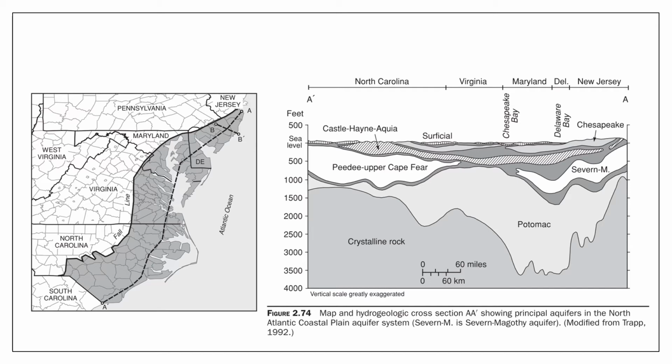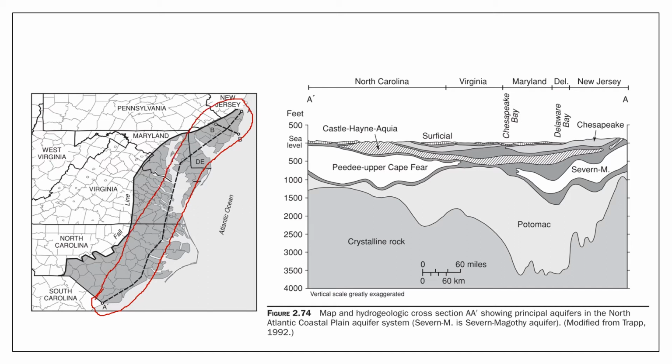Now, this is an example of a coastal plains aquifer in the Atlantic in the US. And you can see here more or less a map. So it's a huge interstate aquifer formation that is spanning the Atlantic coast.